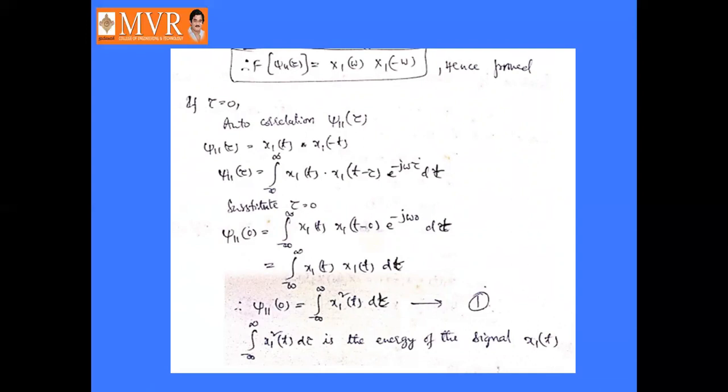So substitute tau equal to 0, then it will become J11 of 0 is equal to integral from minus infinity to infinity x1 of t into x1 of t minus 0, into e power j omega into 0, that is 1, into dt. So it is x1 of t into x1 of t dt, that is x1 square t dt, equation number 1. So integral from minus infinity to infinity x1 square t dt is the energy of the signal x1 of t.